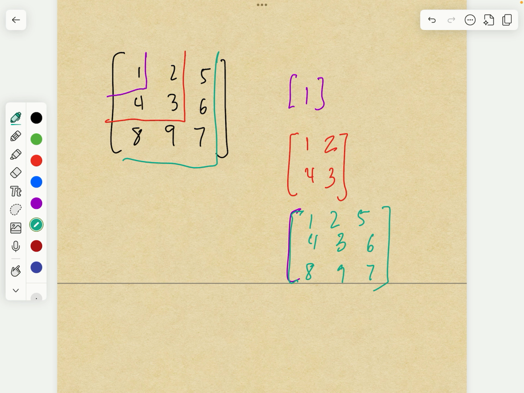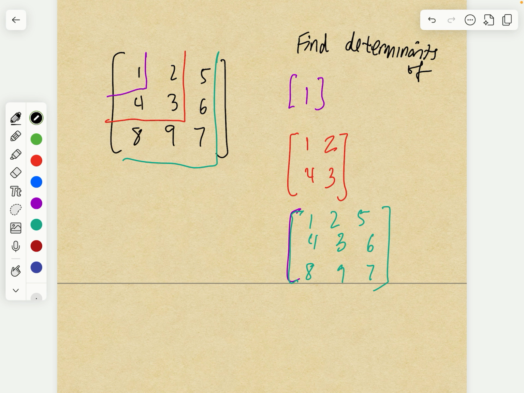Then the theorem says that if the determinants of all these 3 matrices are all positive, then your matrix is positive definite. If they're all negative, then your matrix is negative definite, and if you have some that are positive and some that are negative, your matrix is indefinite.